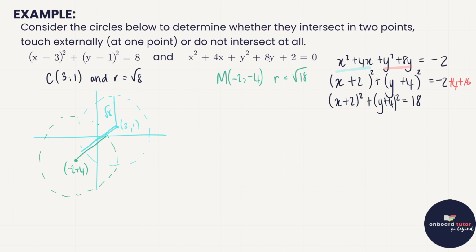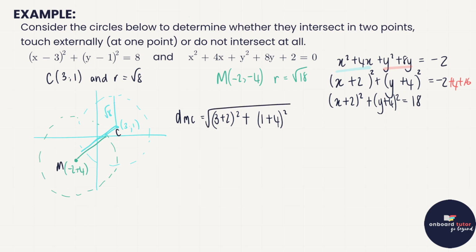Let's get the distance then of, I've called these points C and M. So the distance MC is equal to, and you can consult the formula on your formula sheets if you need it, but basically it's going to be x1 minus x2, so 3 minus minus 2, squared, plus y1 minus y2, 1 minus minus 4, so a minus is a plus.